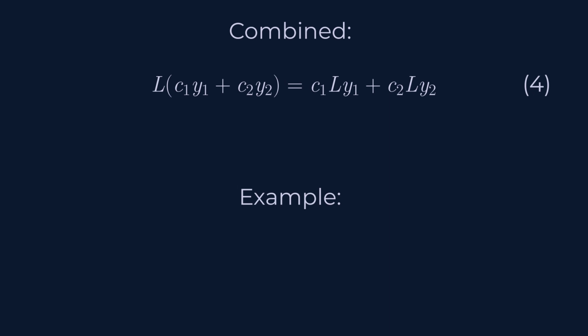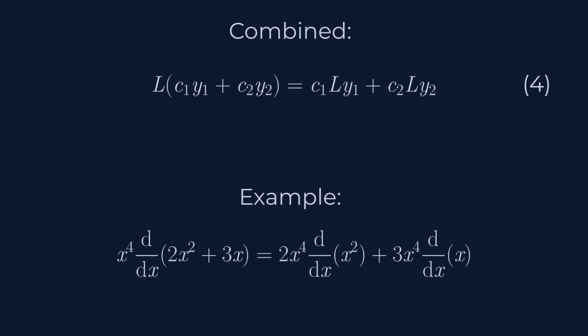An example of this would be linear operator L being x to the 4 times d over dx applied to 2x squared plus 3x. In that case, we can bring the 2 in front of the x to the 4 times d over dx and apply that operator to x squared, and in a similar fashion, we can bring out the 3 in front of x to the 4 times d over dx and apply that operator to x.